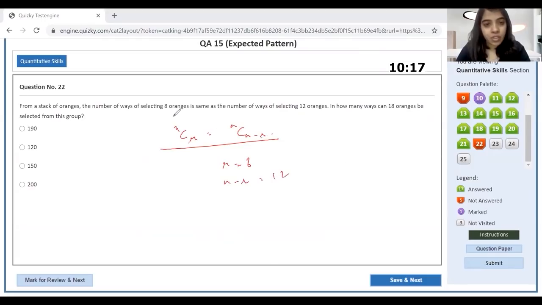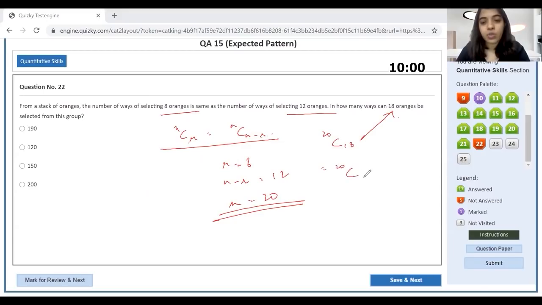So r is 8, n is what? 20. How many ways can we select 18 oranges? So what will our answer be? 20C18. This is what they're asking us. 20C18 is again equal to 20C(20 minus 18), which is 20C2. 20 into 19 by 2. 190. 190 is our answer.